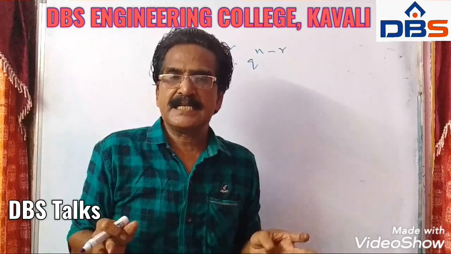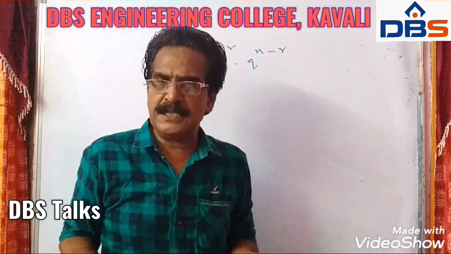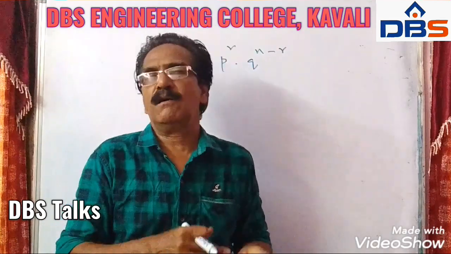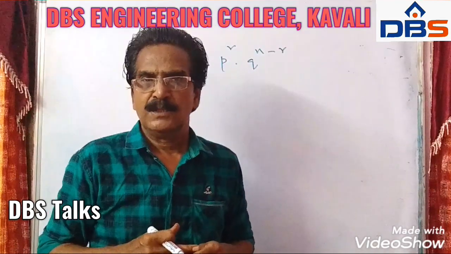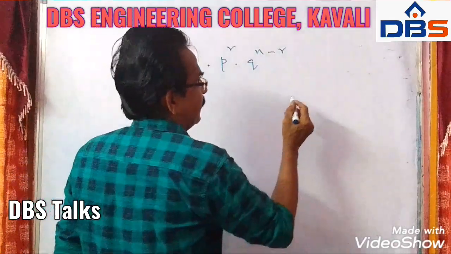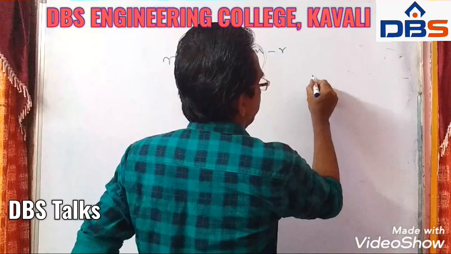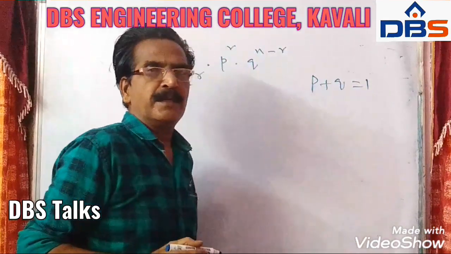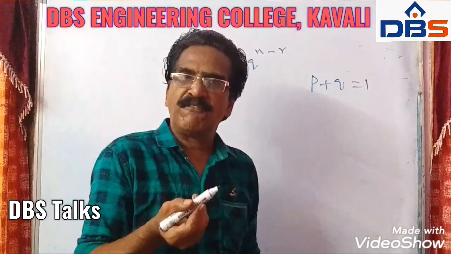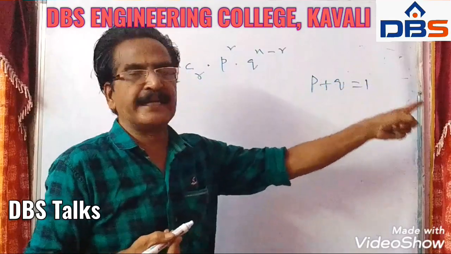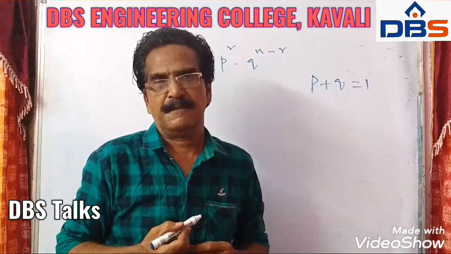See, if a coin is tossed, either it falls head or it falls tail. So it should be remembered always that p plus q is equal to 1. If we know p, we can find q. If we know q, we can find p by subtracting from 1.